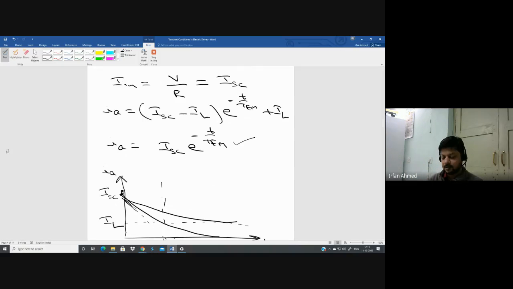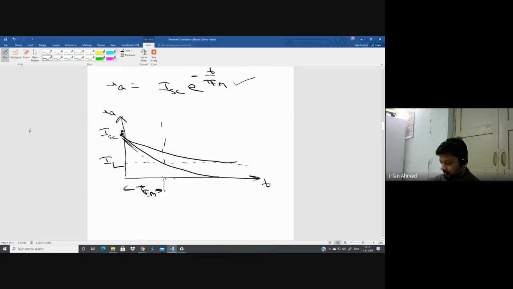Okay, so these are your armature current curves as a function of time during starting, with load and without load. Now it is common practice to have your starting rheostat in steps instead of keeping the external rheostat constant during the whole period of starting.